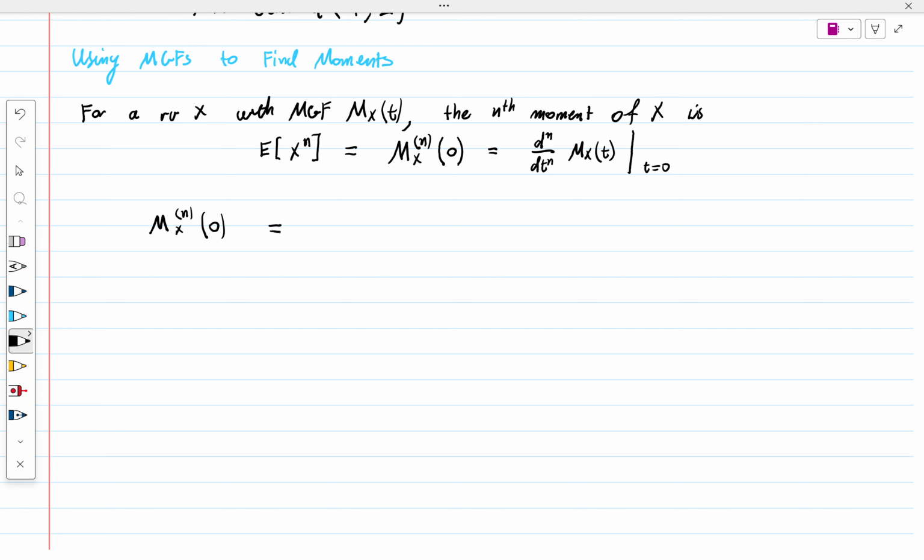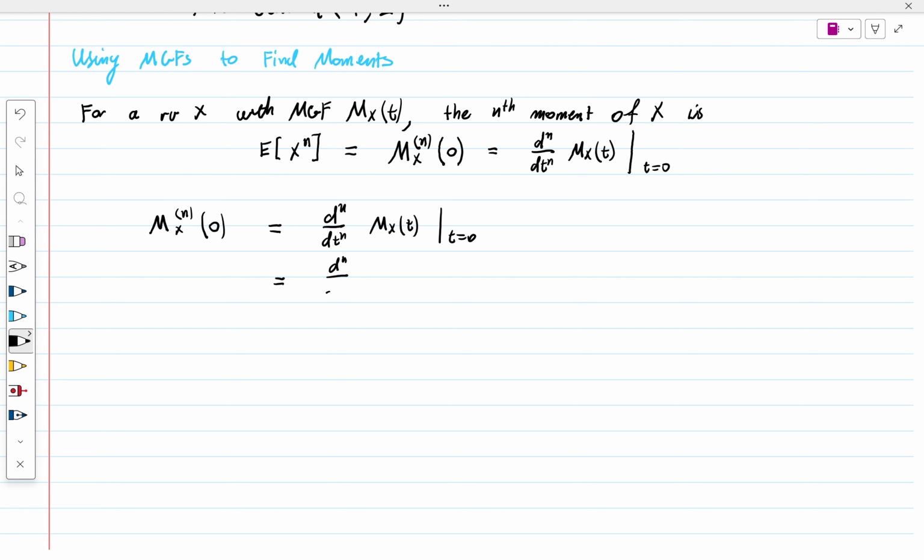So again, remember the nth derivative is the derivative with respect to t, n times, evaluated at t equal to 0. I'm now going to put in the definition of the expected value.